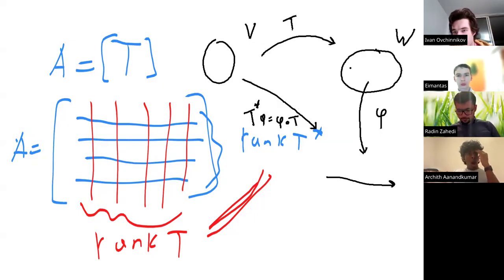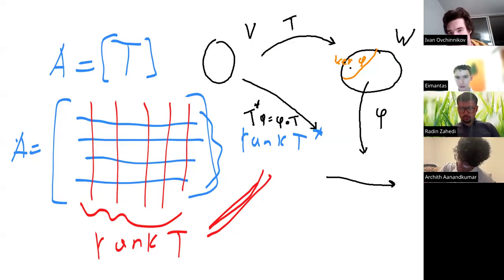Suppose that this part of the vector space was the kernel of phi. So this part of the vector space was sent to 0 by phi, and so in some sense, the other part of the vector space was sent to something non-zero.